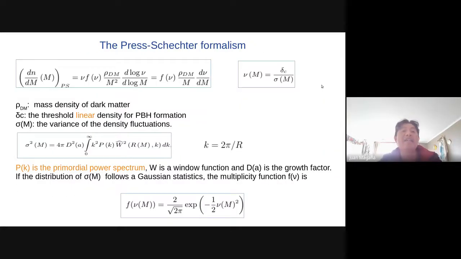Well, to construct this extended mass distribution, we use the Press-Schechter formalism. This formalism is very useful and widely used to describe the mass function of halos, for example, in N-body simulations, and is given by this formula here. This expression involves many physical quantities.